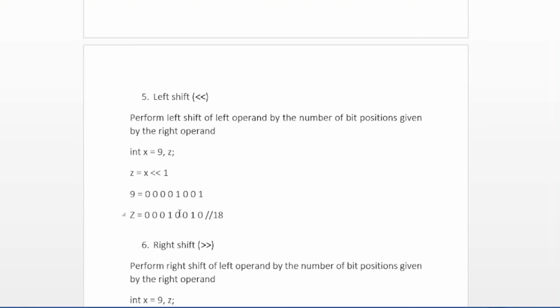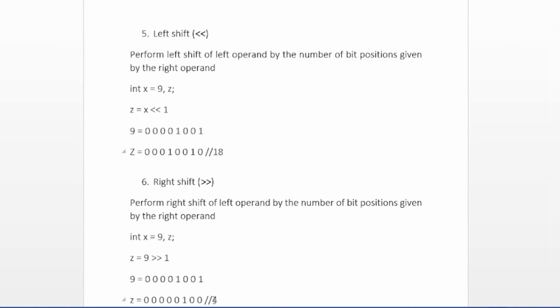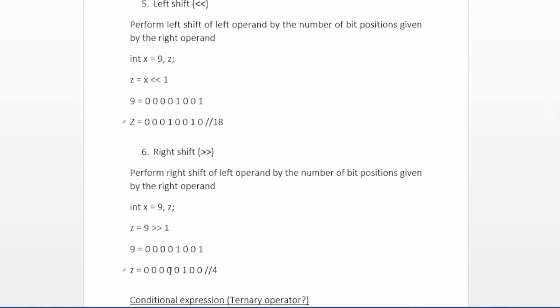So when I perform right shift on 9 by 1, what do I get? I will get 4 in float format. Because int z is of integer format, but 9 by 2 is 4.5, to avoid loss of information I should use a float type variable.